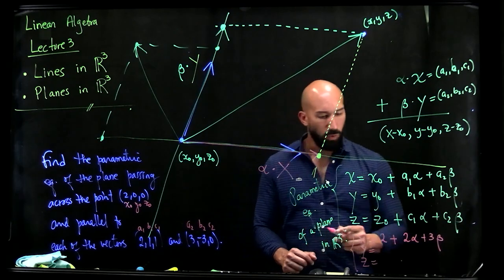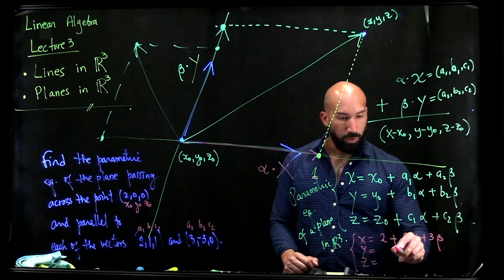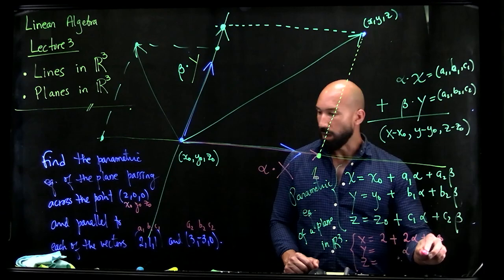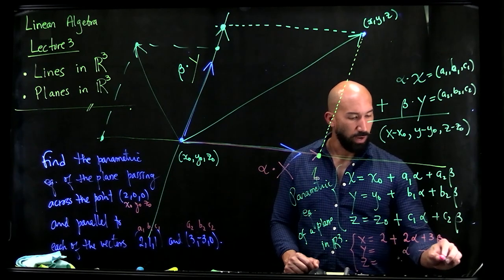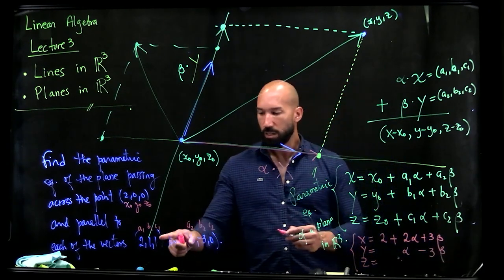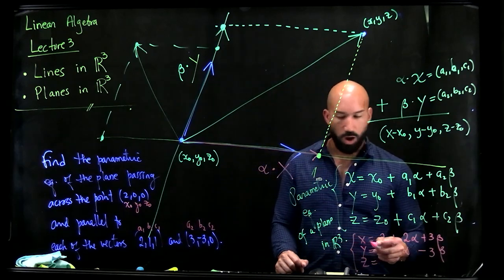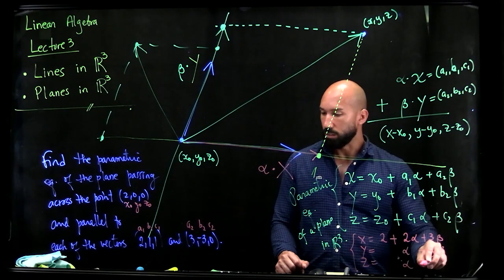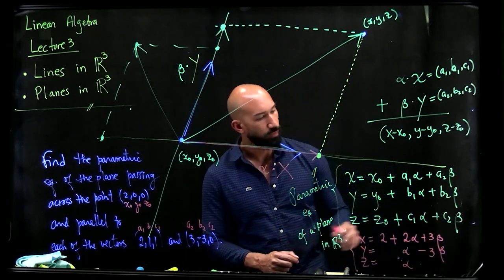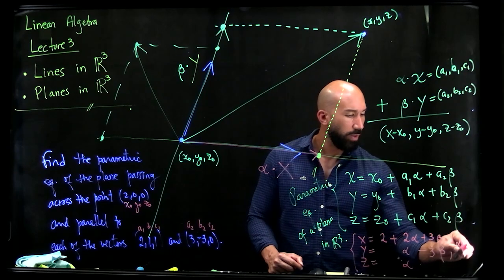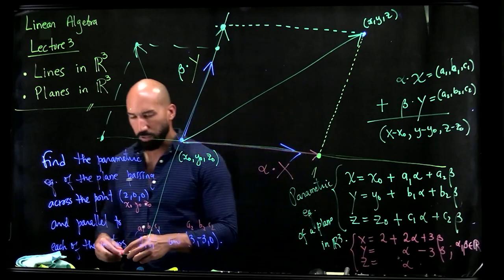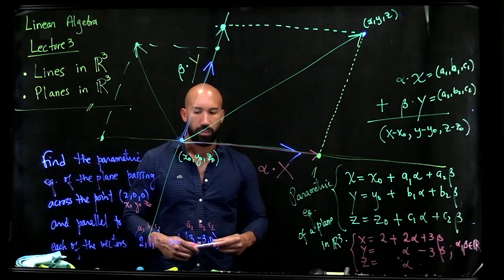Okay? What is gonna be b1? b1 is 1, so alpha here. And b2 is negative 3, so minus 3 beta. And c1 is 1, so alpha here, and c2 is 0, so that's it. Alpha and beta are now real numbers. Okay, so this is pretty easy.